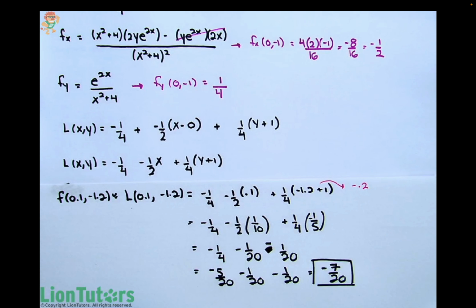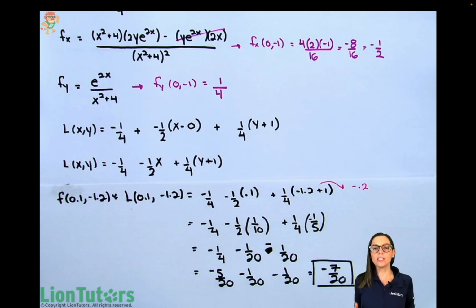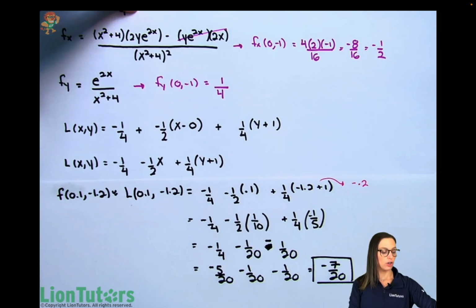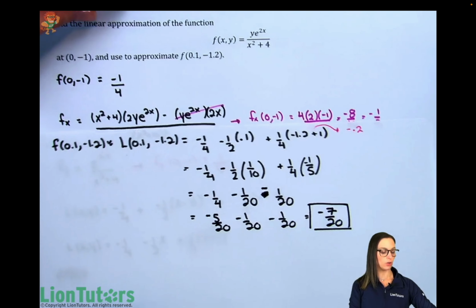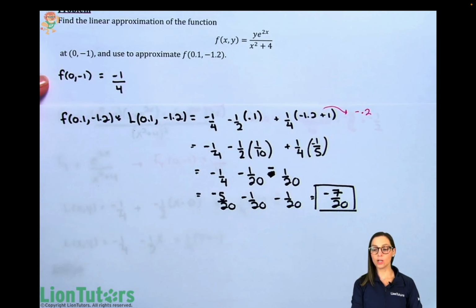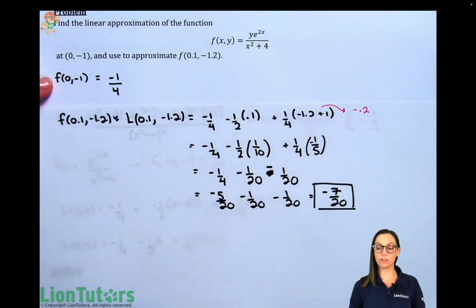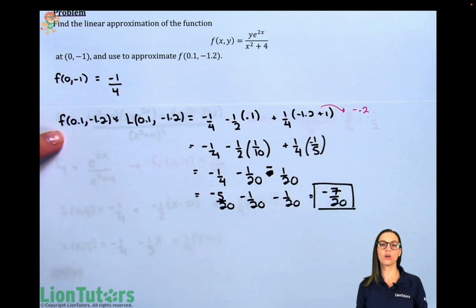Now, what you get as your final answer here should be relatively close to your f of 0, -1 that you started with. Because what we're doing is we're using f of 0, -1 and the derivatives, the rates of change around it, to approximate something really close to f of 0.1, -1.2.